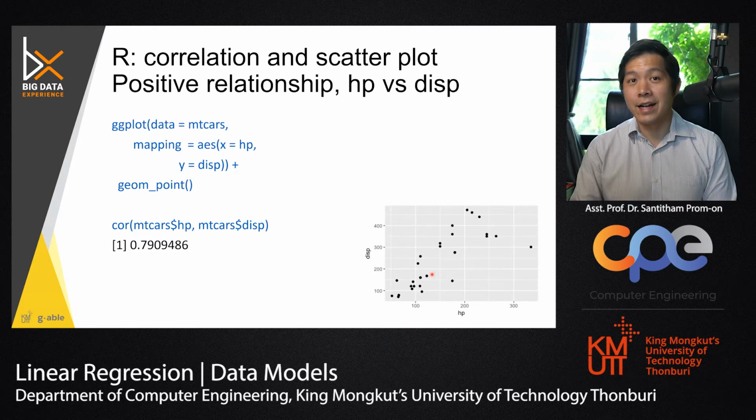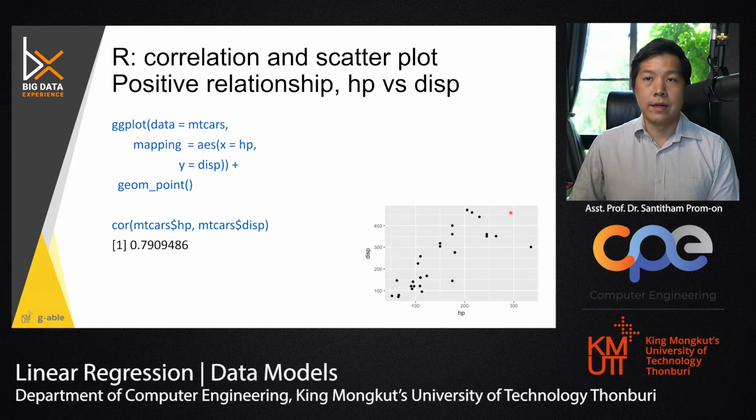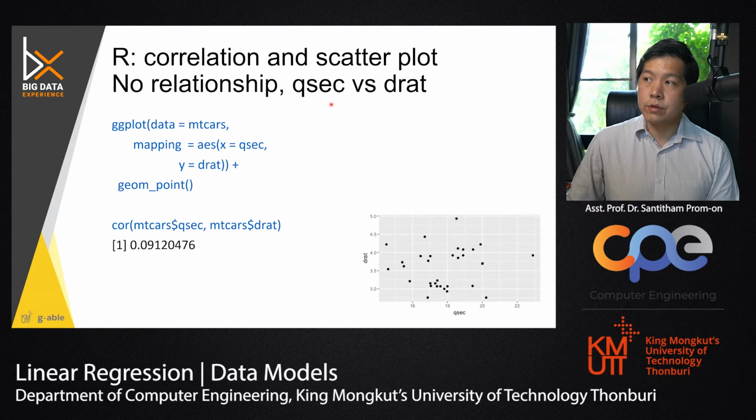Like this is the answer of the exam there. So here, positively correlated looks like an upward line. And no correlation would be like this. This is between QSEC and DRAT. There is no correlation between them, almost none, about 0.1.